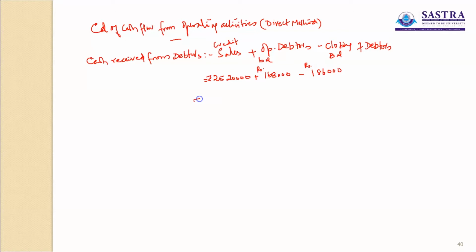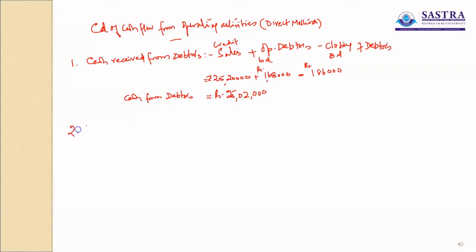The difference is 18,000, and the minus is greater. So if you subtract 18,000 from 25,20,000, it is 25 lakhs and 2,000, which is the amount of cash from debtors. This is part of working note number 1.